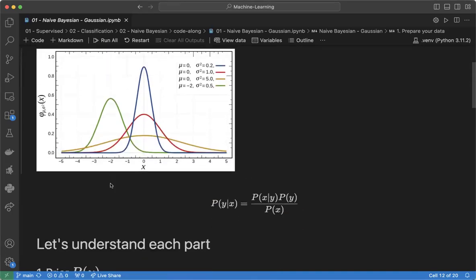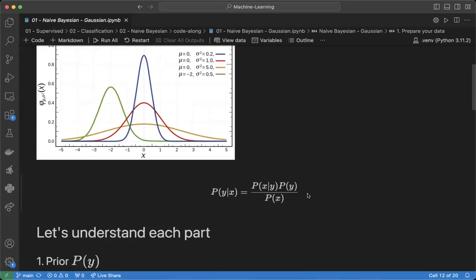Now, let us take a look at this very famous naive Bayes formula.